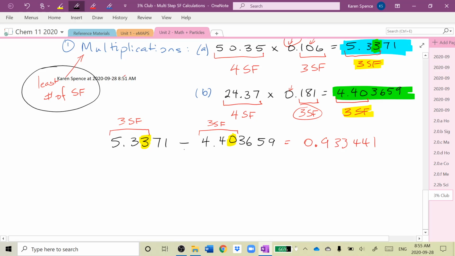Okay, and this is a subtraction. The rule for subtraction is we go to the first uncertain digit. And our first uncertain digit is in the hundredths position, the 0.01 position. So that's going to be in the hundredths position right here. That is our first uncertain digit. And so we're going to round to that.